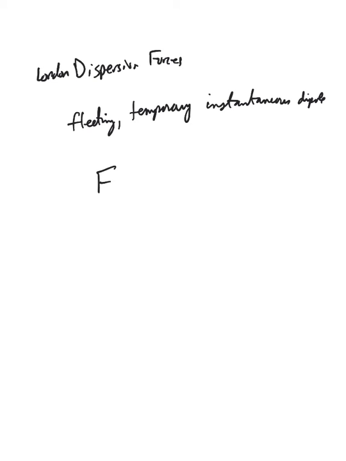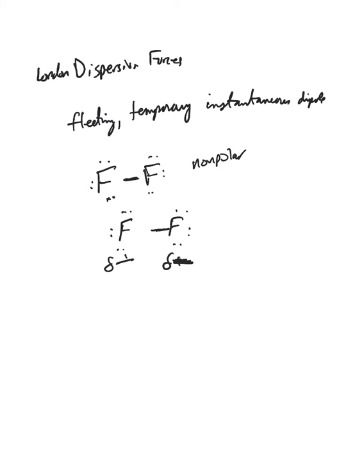And so let's just take something like fluorine, for example. It's nonpolar. Very nonpolar because there's completely even sharing of electrons averaged over time between the two fluorines, because they have the same electronegativities. But at any fleeting instant, some of those electrons in that bond, if we want to look at it from this standpoint, might be a little bit closer to one fluorine than to the other, in which case it makes a partial negative charge versus a partial positive charge.